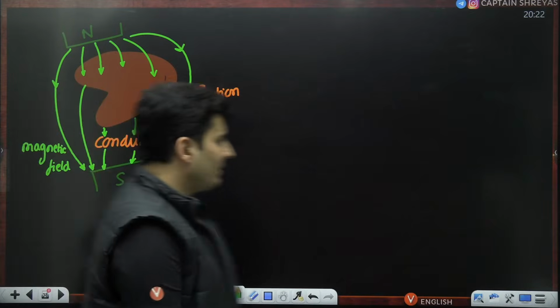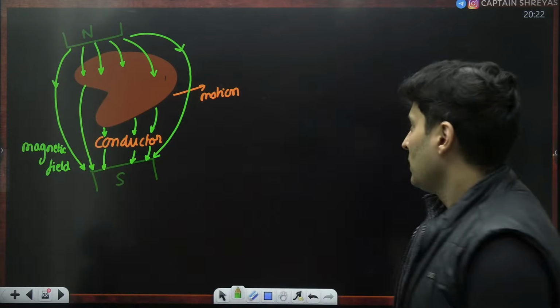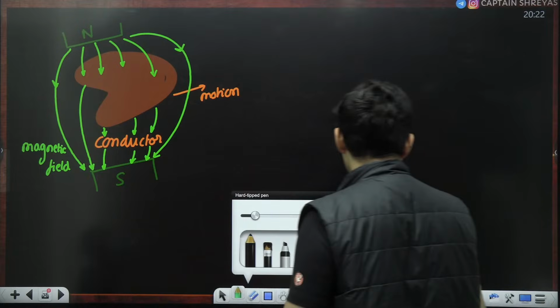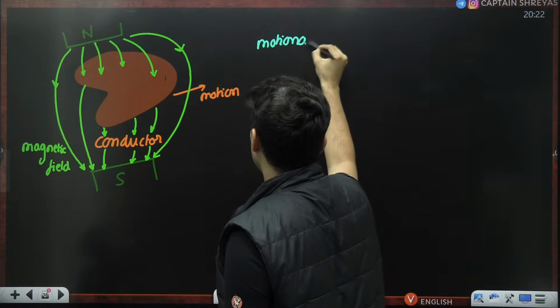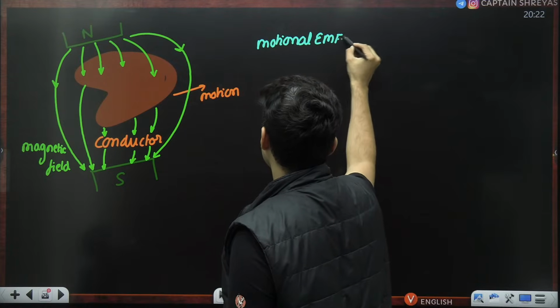There is some magnetic field as the conductor moves. Because of that, 100% there will be motional EMF which will be set up.